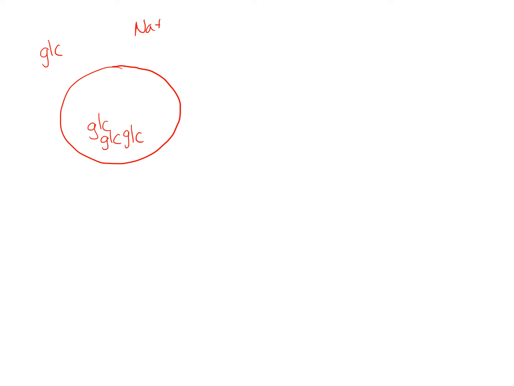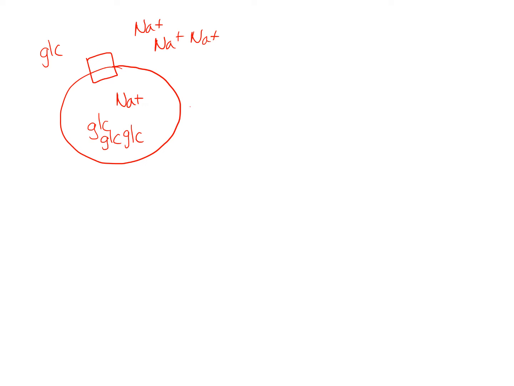Let's put in our concentration gradients here. So we've got sodium higher outside the cell than inside, and then the glucose, because we keep moving it into the intestinal cell, is going to build up in the intestinal cell until we move it out on the other side. We'll get to that later.